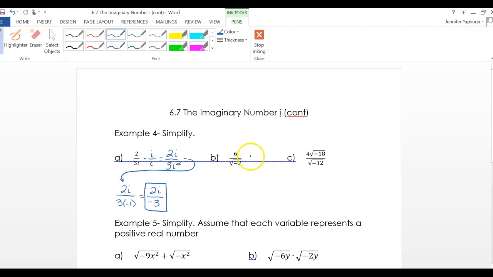So this still becomes 6 on the numerator, and on the bottom I can pull a -1 out, so this becomes i times the square root of 2. Then we are going to multiply our numerator and denominator by i square root of 2 over i square root of 2, so that we can rationalize that denominator.